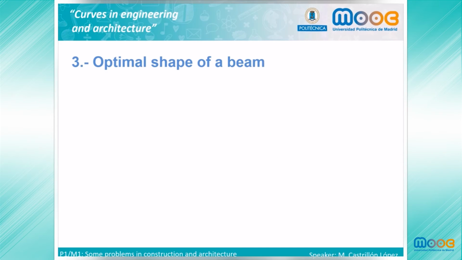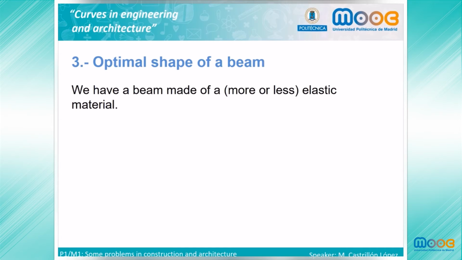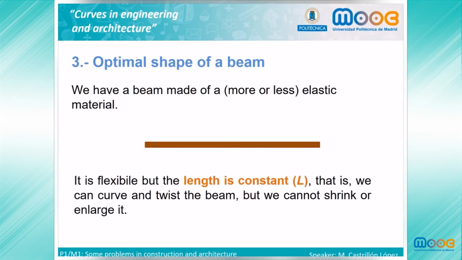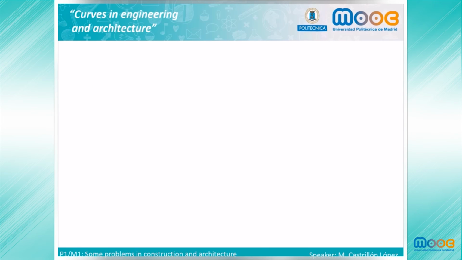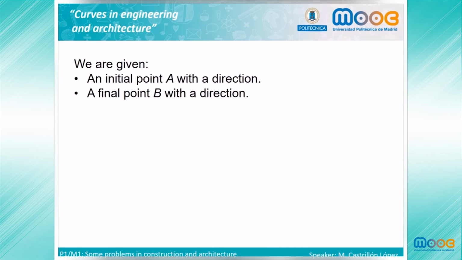In the last problem, we studied the optimal shape of a beam. We have a beam made of a more or less elastic material. It is flexible, but we assume that the length of it, L, is constant. That is, we can curve and twist the beam, but we cannot shrink or enlarge it. Then we are given 2 ingredients, an initial point equipped with a direction and a final point equipped also with a direction.